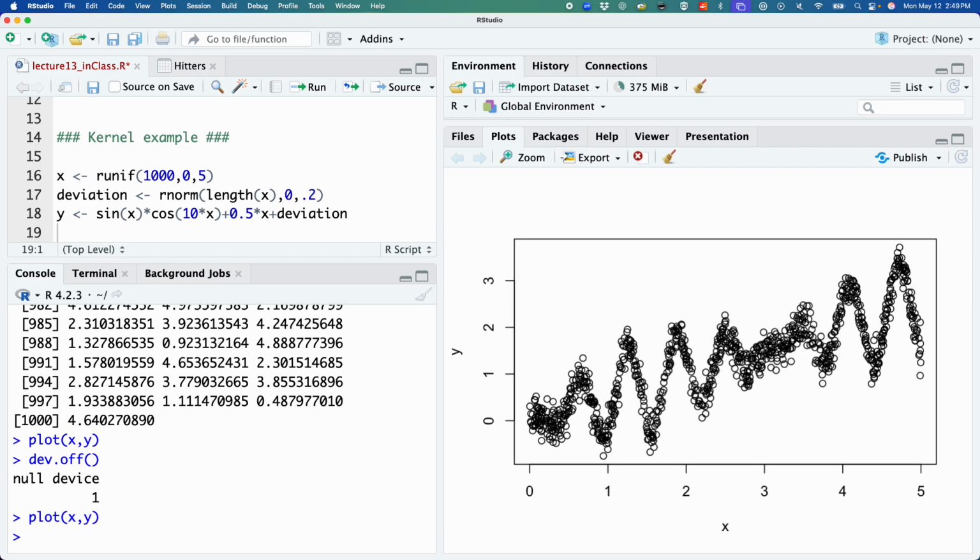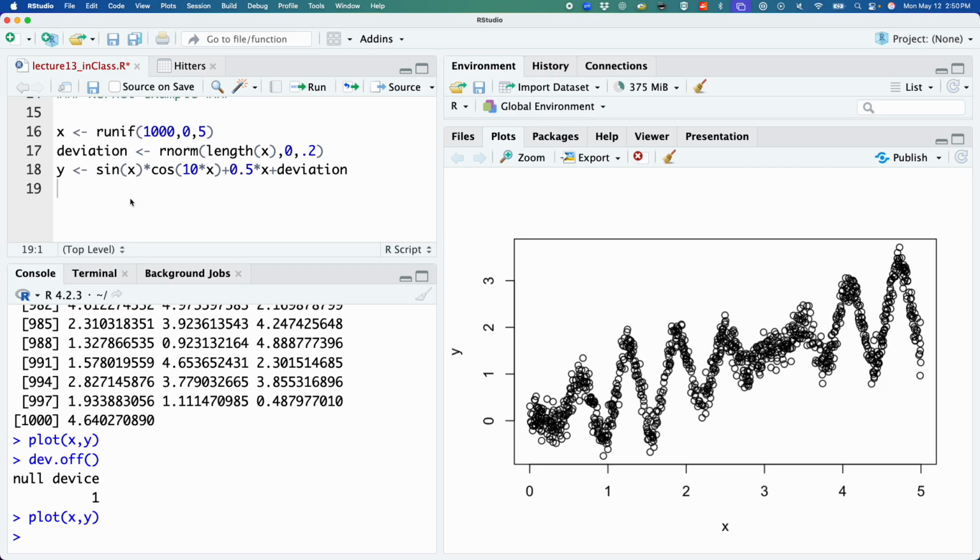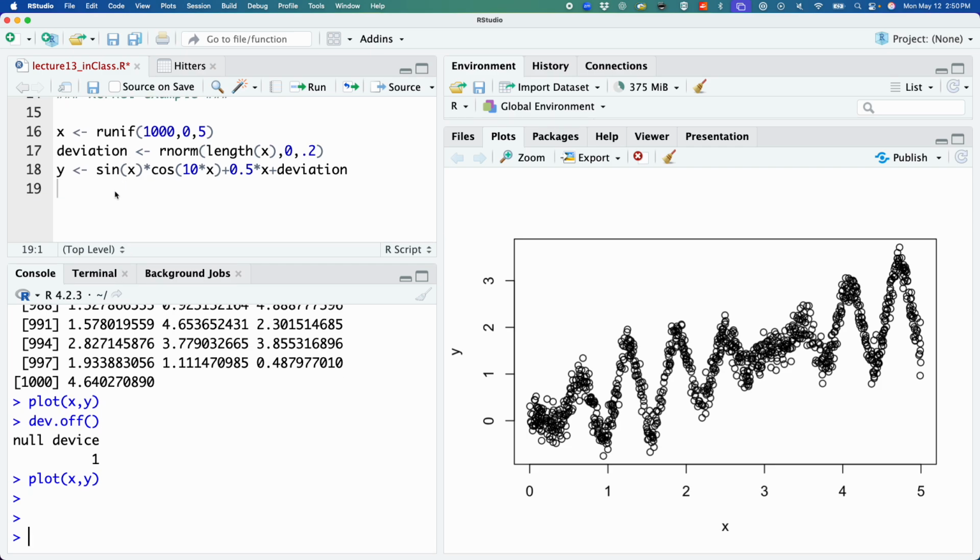All right. So you remember this thing from last time. The points will be a little bit different, because this is drawing from a random distribution, but overall the shape looks like this. And we already looked at what this looks like if you just do a linear model.